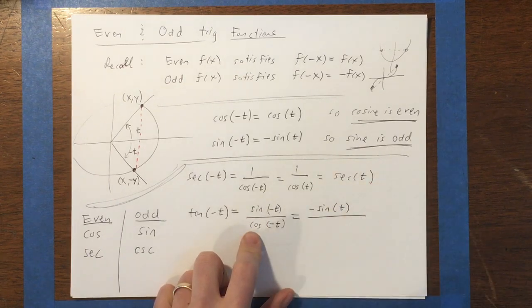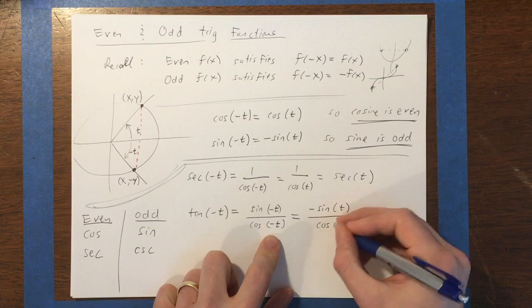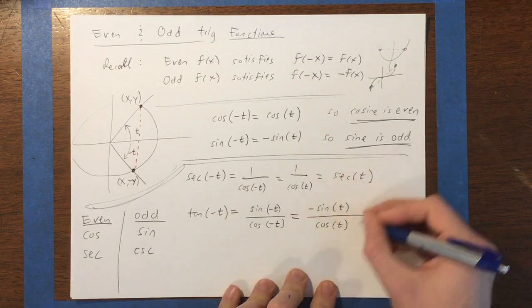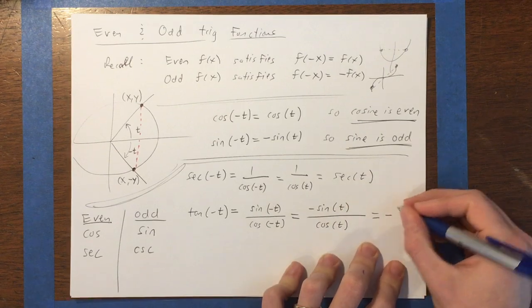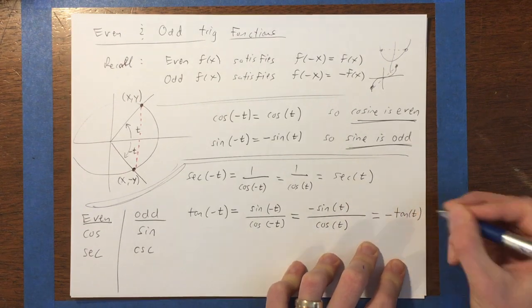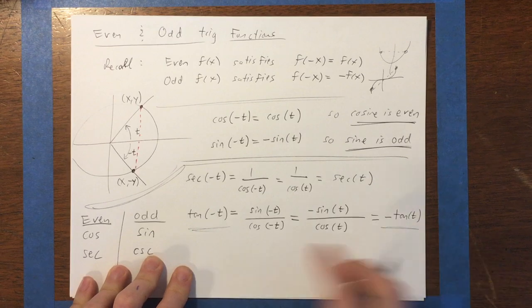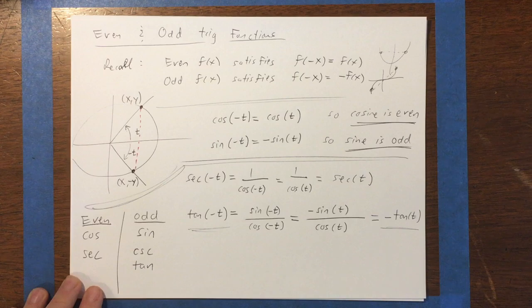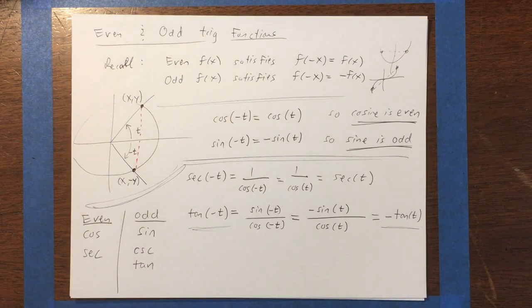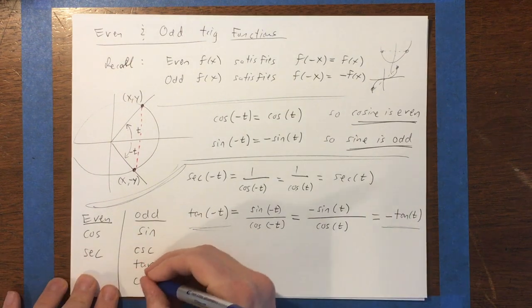And since cosine is even, the denominator is positive cosine of positive t. Now, sine over cosine is tangent, and this is t, and so this is negative tangent of t. So starting here and getting here shows us that tangent is also odd. And similarly, you can do the same type of thing with cotangent to show that it is odd.